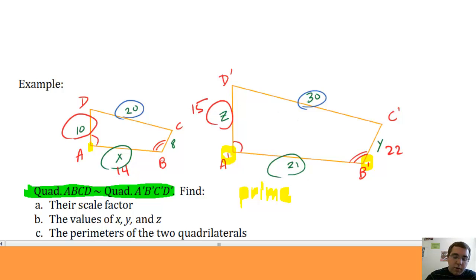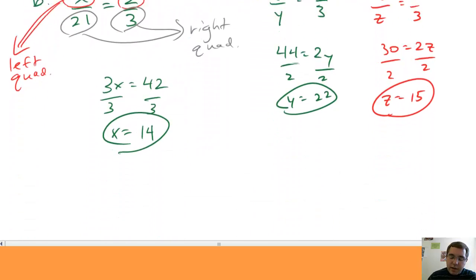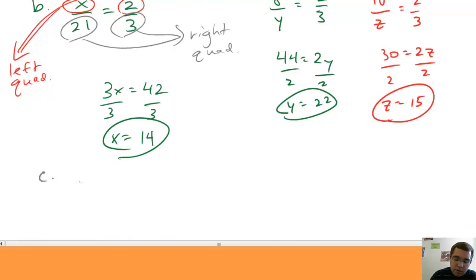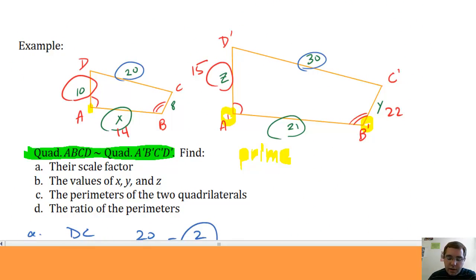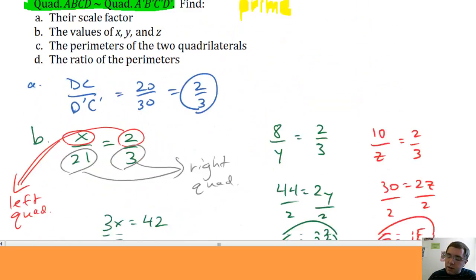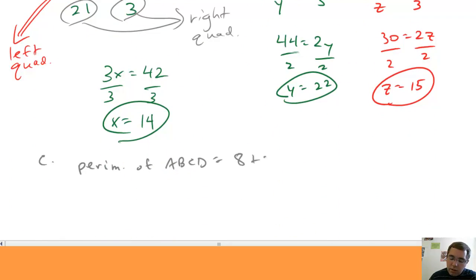Okay, so the perimeter of the left quadrilateral, ABCD, perimeter is adding up all the sides, so 8, 20, 10, and 14. 8 plus 20 plus 10 plus 14. We add those up, we get 52.